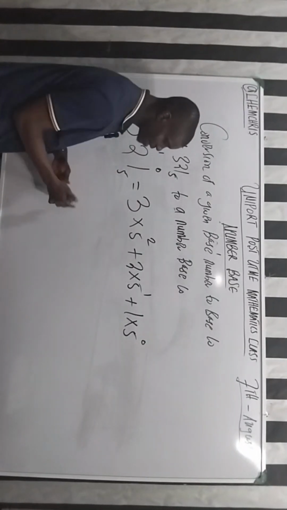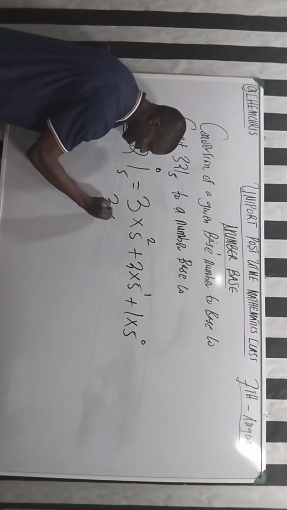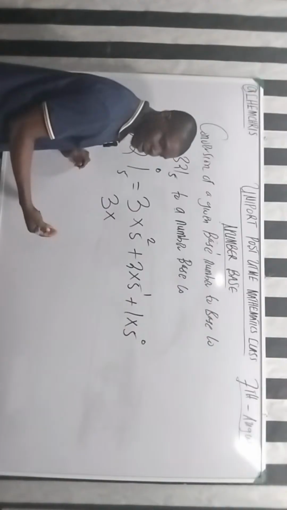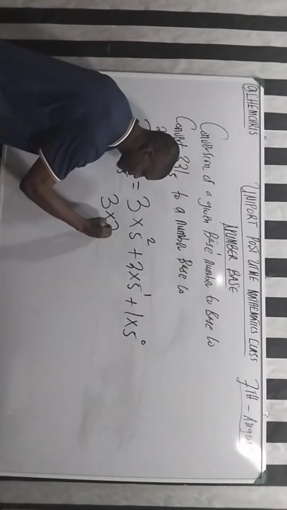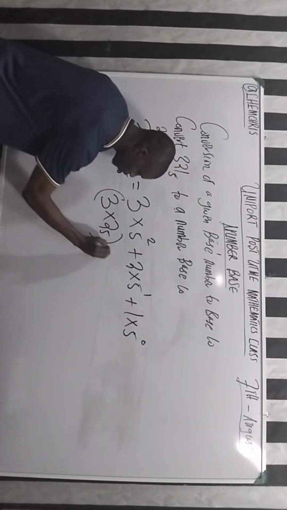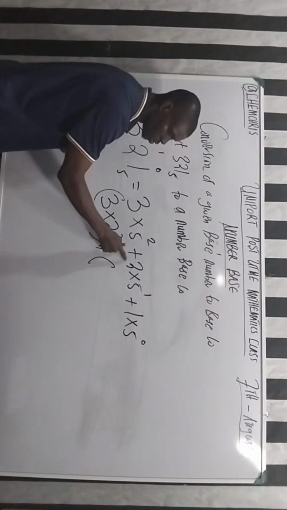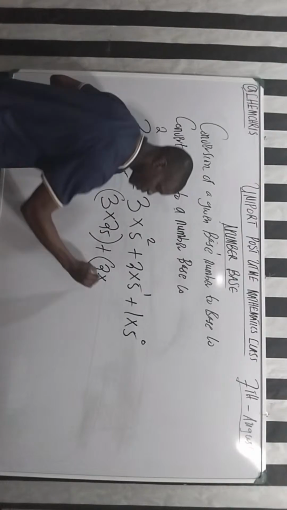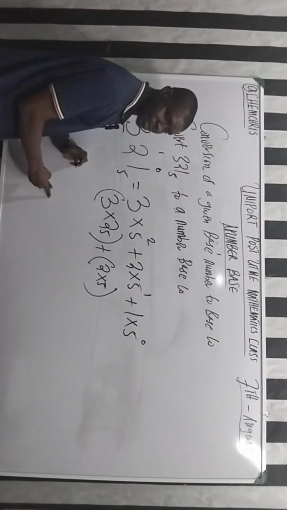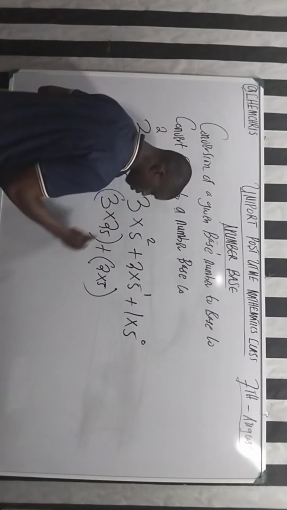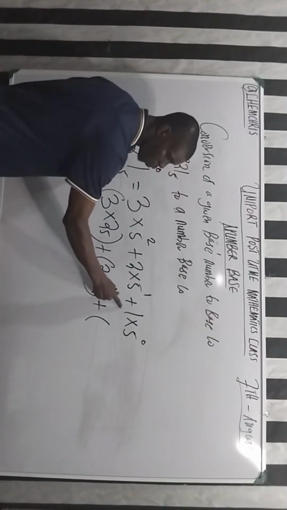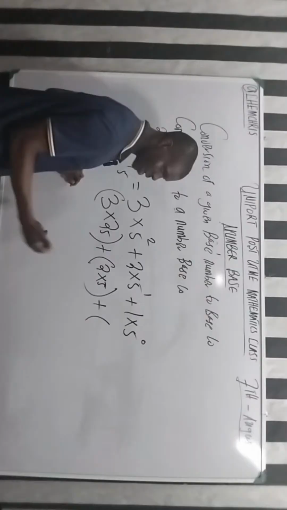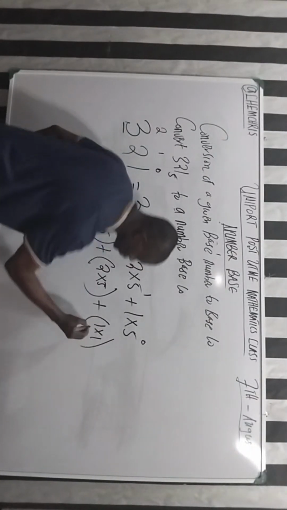So now let's break it down. So 3 times 5 raised to the power 2, which is 5 times 5, is 25. Plus 2 times 5 raised to the power 1, which is 5, plus 1 times 5 raised to the power 0, which is 1. So it's going to be 1 times 1. Do you see that?